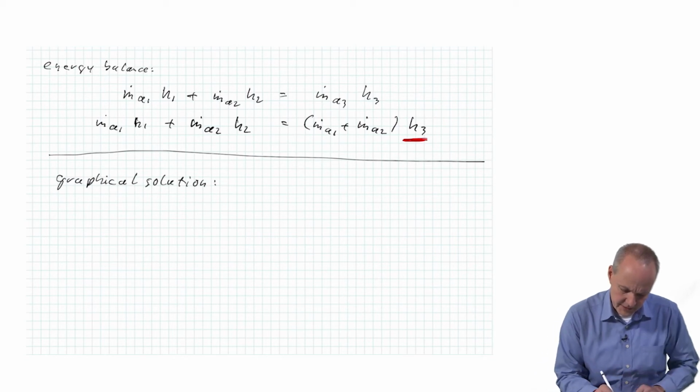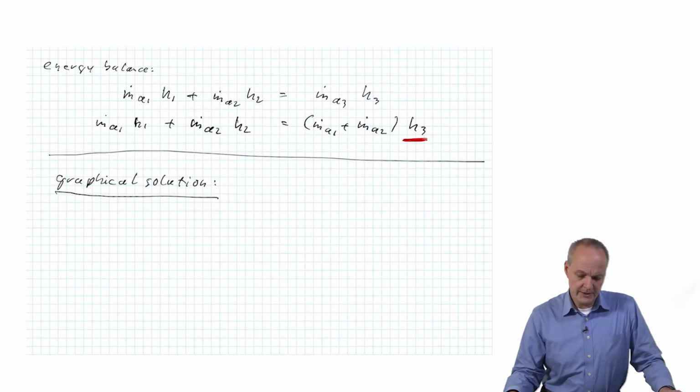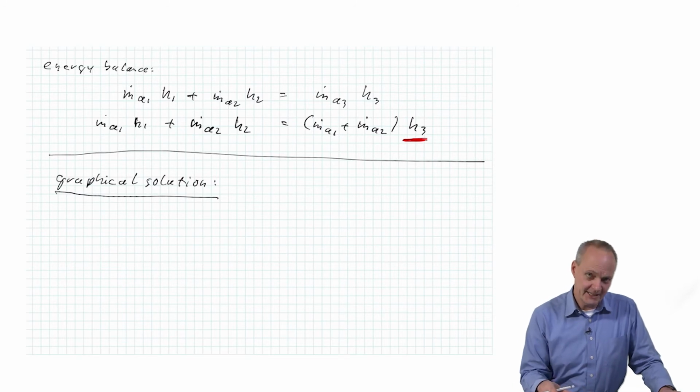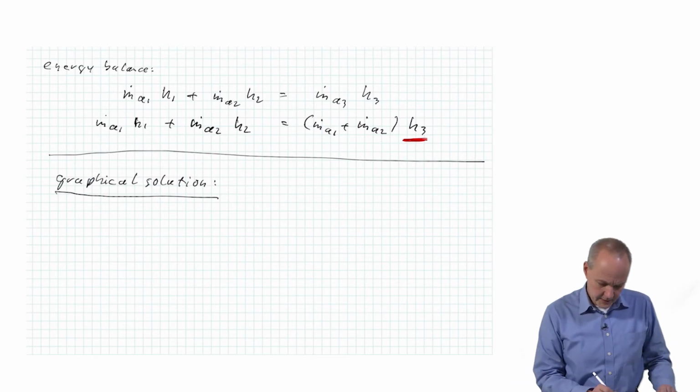But in order to understand how we represent this process in the chart, I want to manipulate the mass and the energy balance, because that helps us understand how the process is graphically represented.